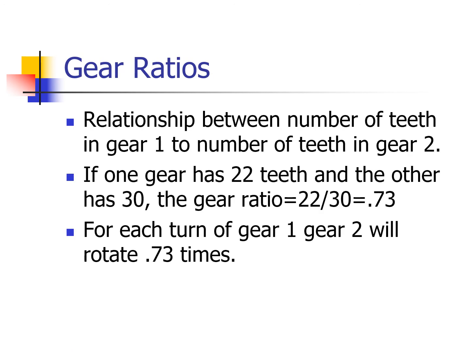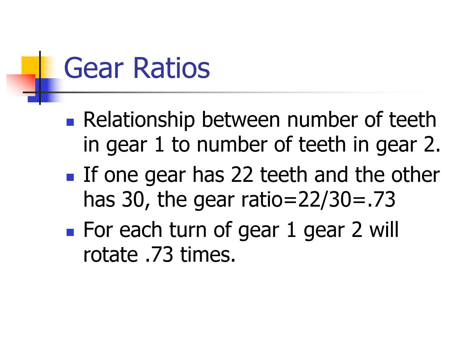So gear ratios, very, very important thing. It basically will tell me whether I'm doing one of the two things that I said I'm going to be doing. So I'm either going to be increasing the speed or I'm going to be increasing the torque, right? And it's the relationship between the number of teeth in gear 1 to the number of teeth in gear 2.